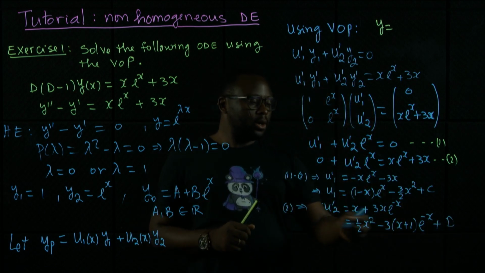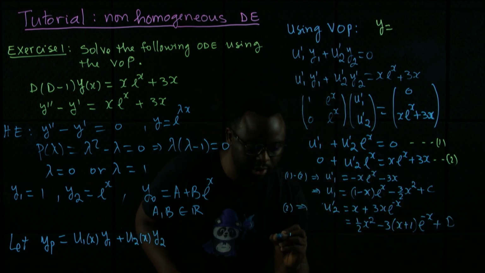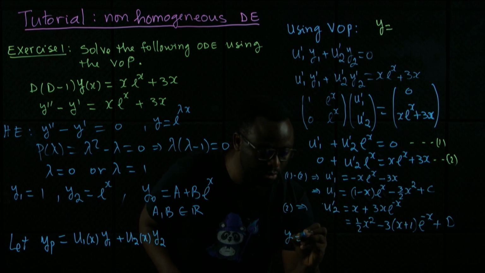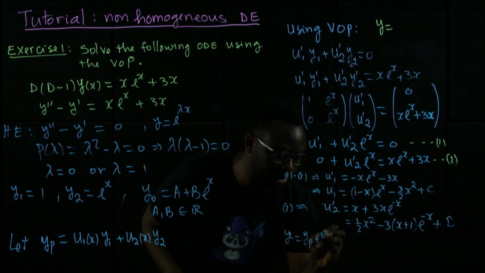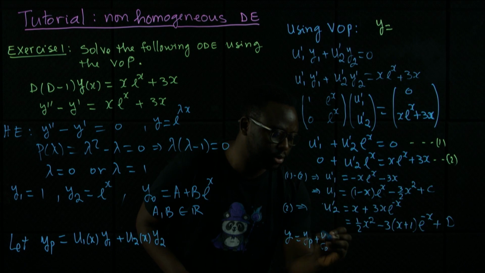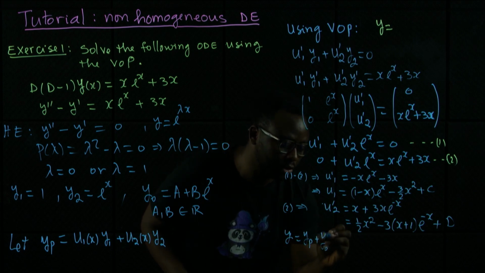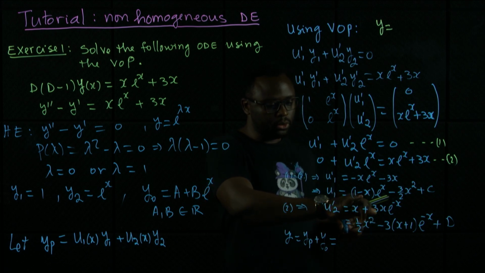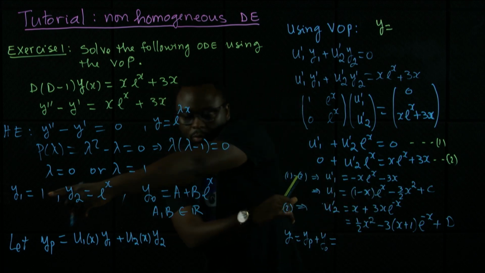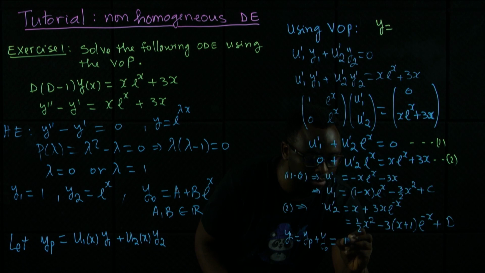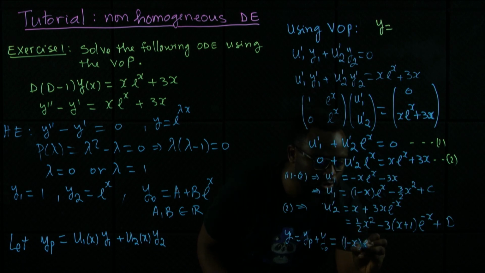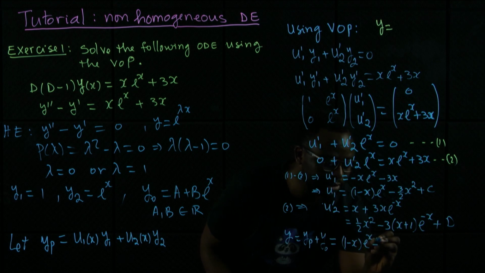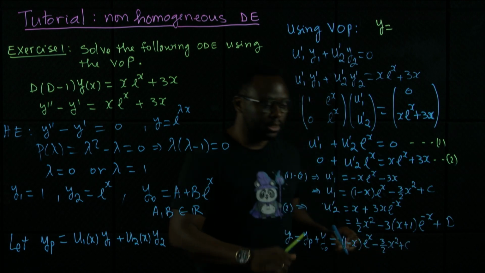All right, with these two, we know the general solution y is yp plus y0, the particular solution plus the homogeneous solution. If we start with u1 multiplied by y1, so it just multiplies by 1, this is 1 minus x times e to the power x minus 3 over 2 times x squared plus c.